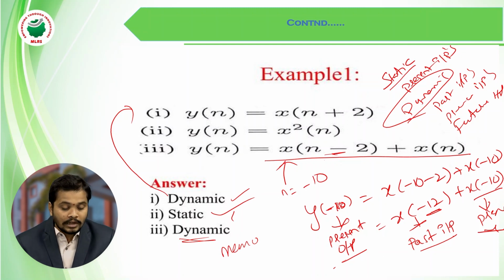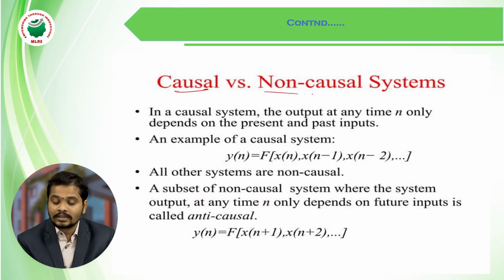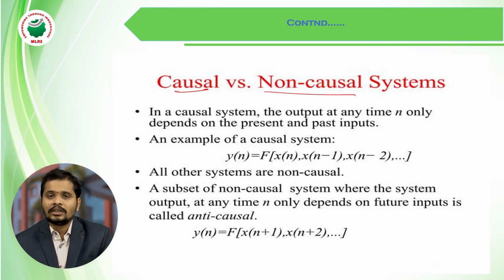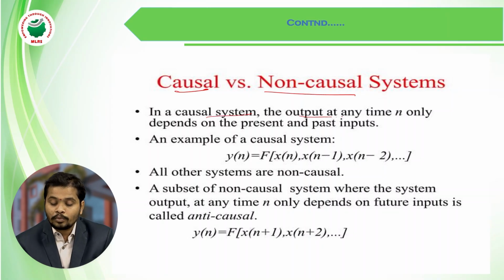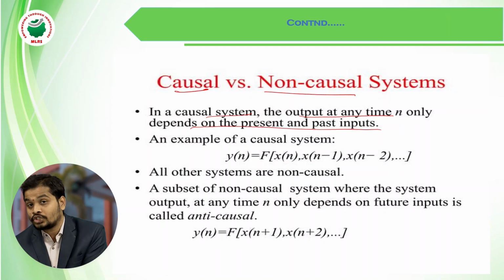Okay. Next we will go to causal versus non-causal systems. In a causal system, the output at any time n depends on the present and past inputs, not on the future inputs.